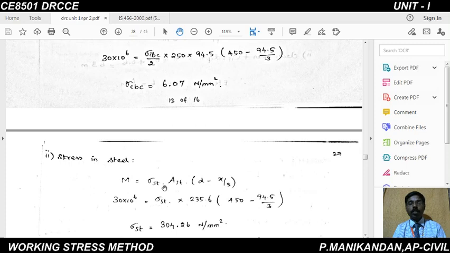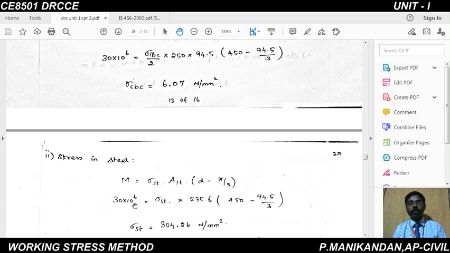Then we have to find the stress in steel. M is equal to sigma ST into AST into d minus x by 3. Substituting the moment as 30 into 10 power 6 Newton mm, we have to keep in mind that we are substituting all values in millimeter, not in meter.